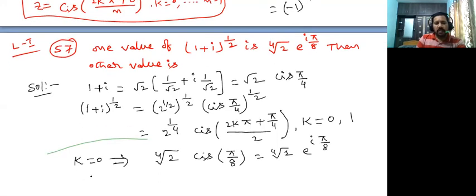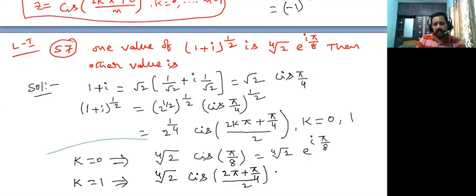Now substitute k equal to 1. You get the answer: fourth root of 2, cis. In place of k substitute 1. So you get (2 pi plus pi by 4) divided by 2.